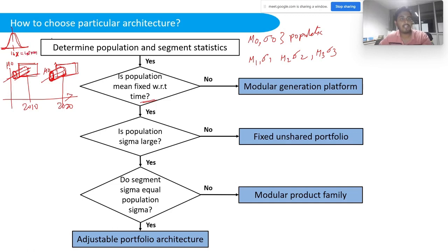Now in 2020 you did the survey again and identified that people are demanding 40x zoom. That means the mean length of the lens now needs to increase to 80 centimeter.